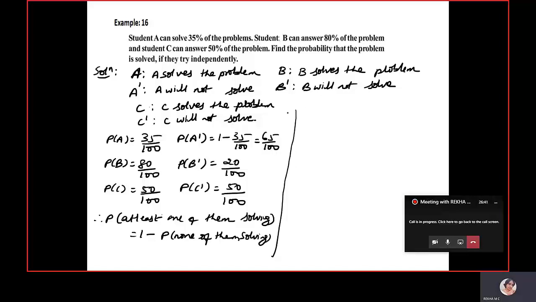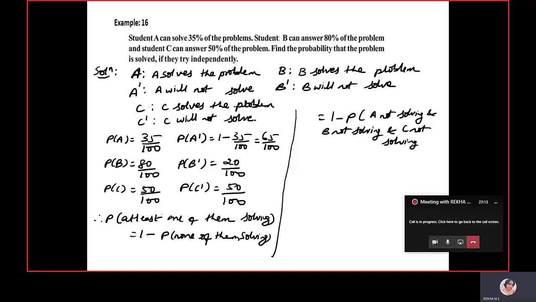So that is equal to 1 minus P of A not solving and B not solving and C not solving.